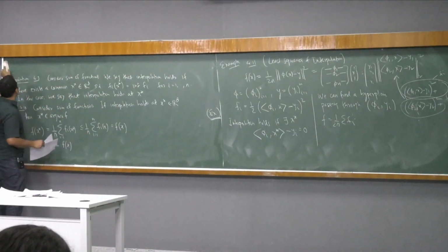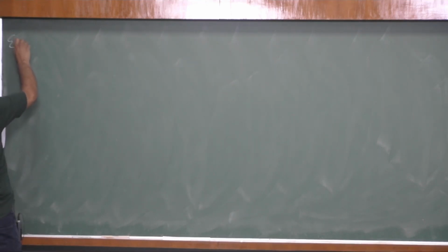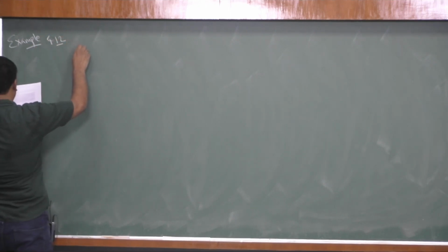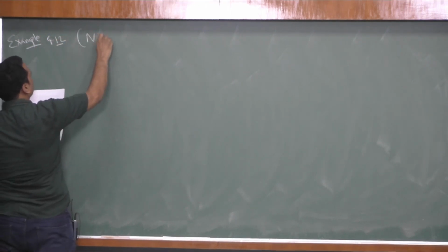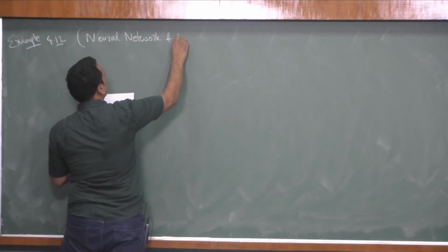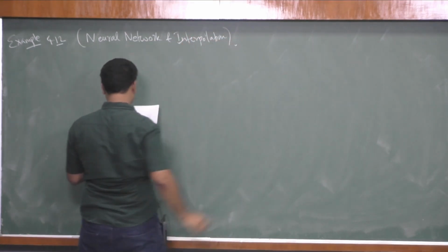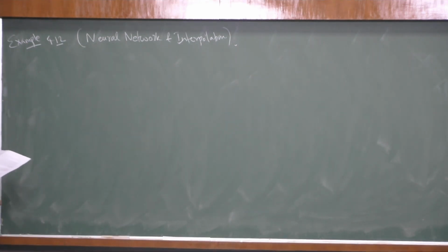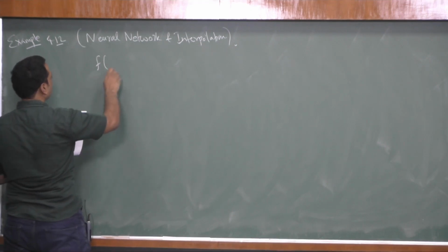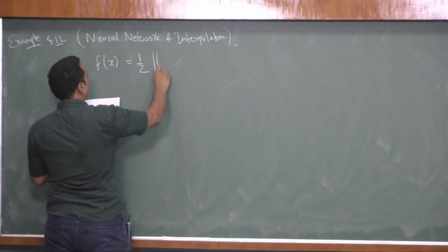So for example, if it's a neural network, then it's also similar. Example 4.12 is neural network and interpolation. A neural network can also be written like this, if it's indeed a regression problem, then obviously the neural network loss will be very similar to what we have.